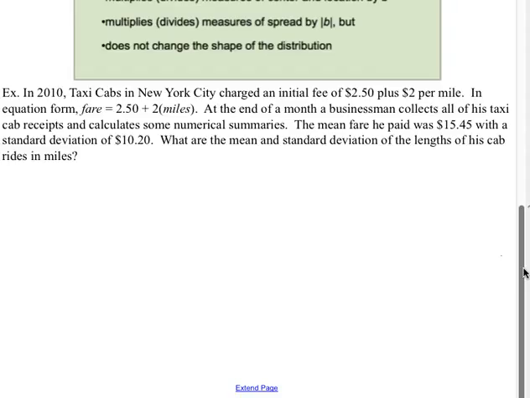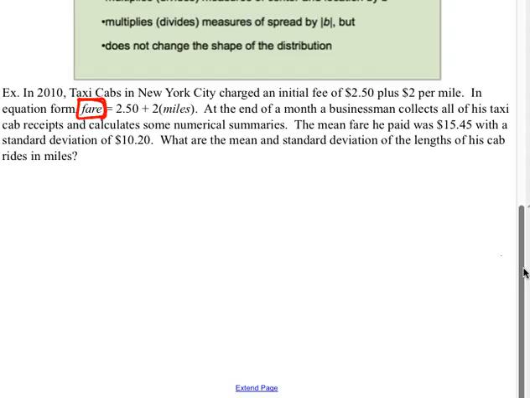All right, so let's take a look at this. So the fare that was paid, okay, had a mean of 15.45 and a standard deviation of 10.2.